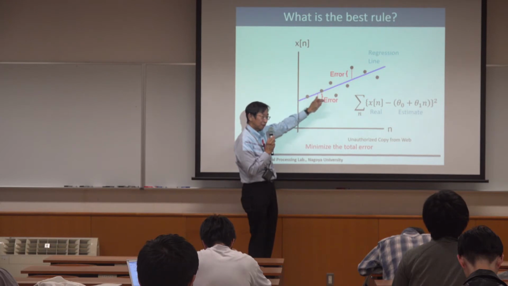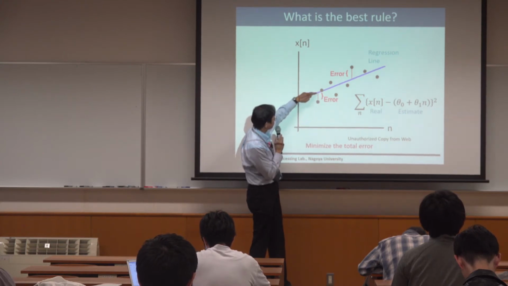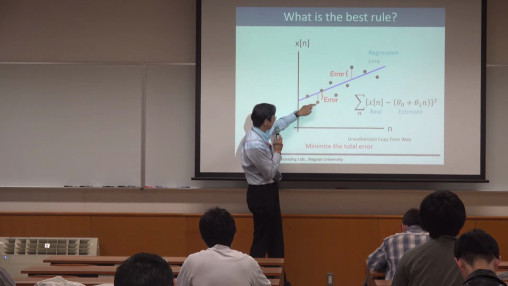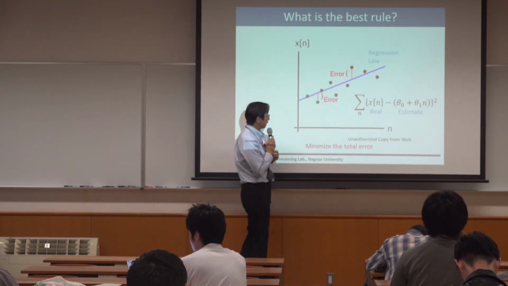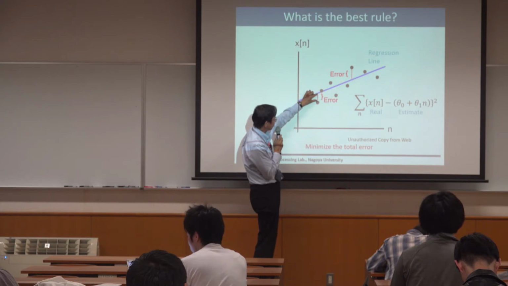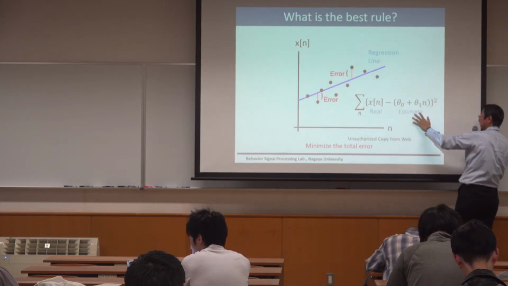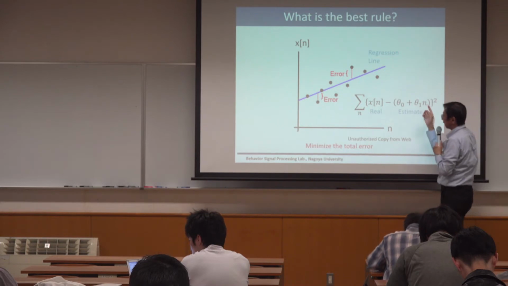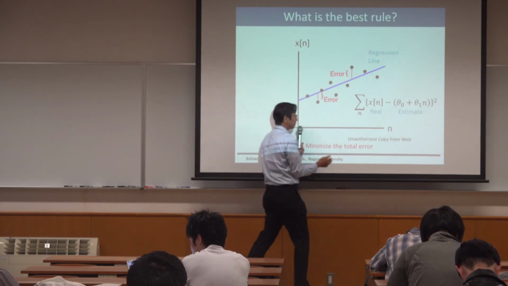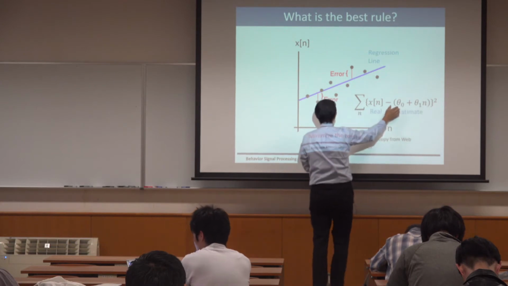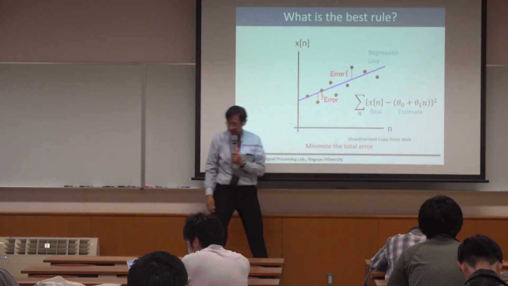Optimal, in this case, means the error from the estimated data to the real observed data becomes least. So what is the error here graphically?